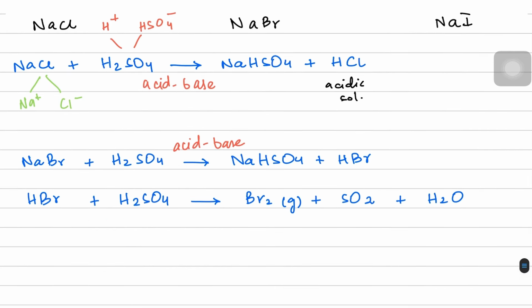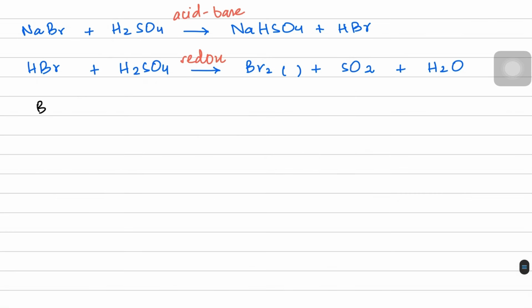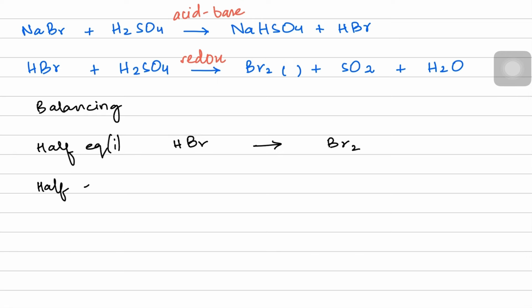Let's talk about balancing this equation to see how many electrons are exchanged. We will write the half equations here. Half equation 1 is HBr producing bromine gas. The second, half equation 2, is the concentrated sulfuric acid producing sulfur dioxide gas.